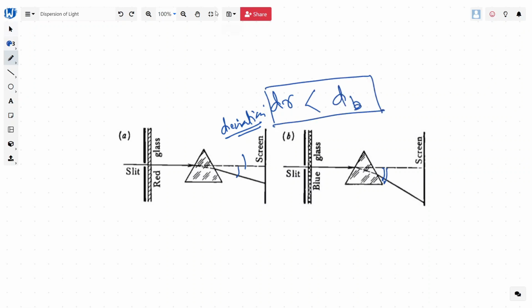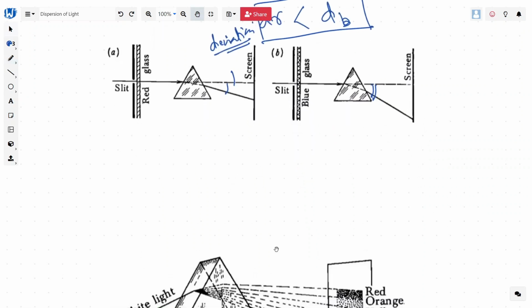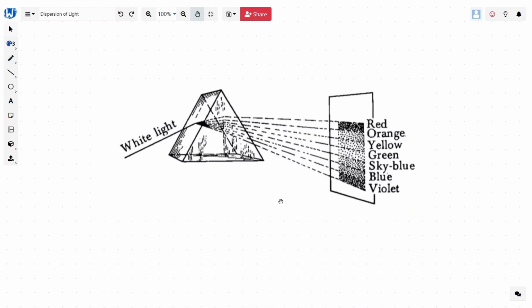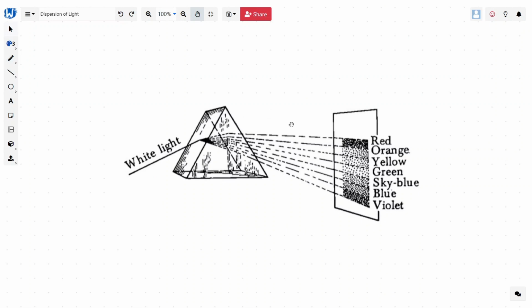Now if we pass white light, which is composed of all these wavelengths, you will see, and you may have experienced it, what we call a spectrum, right? Now this side, what we cannot see here, is infrared, and here ultraviolet.